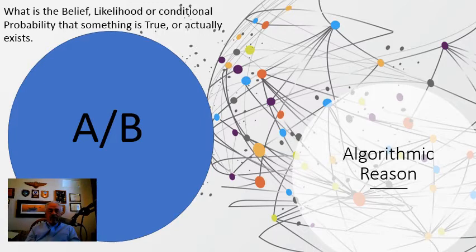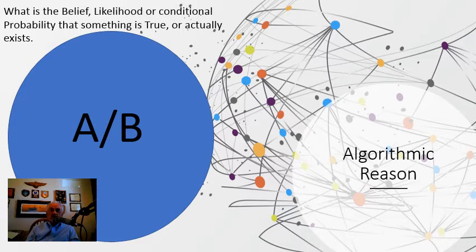Now, algorithmic reasoning. That is the way we are going to address ourselves in a very meaningful way to deal with this whole area of uncertainty, which often is called risk.